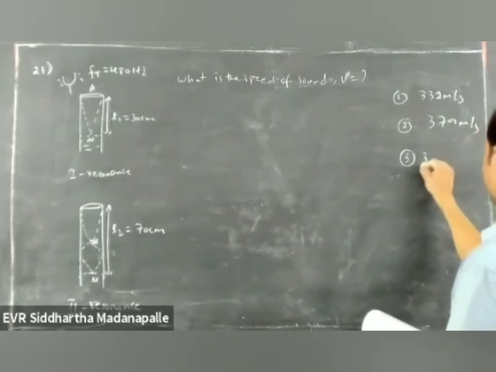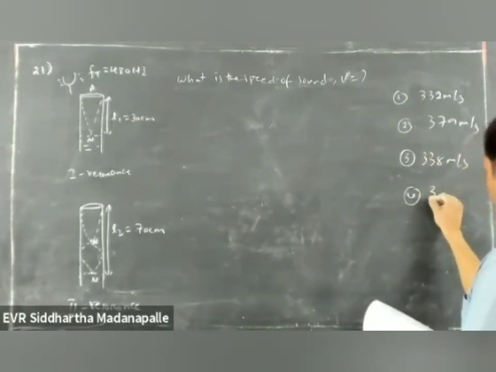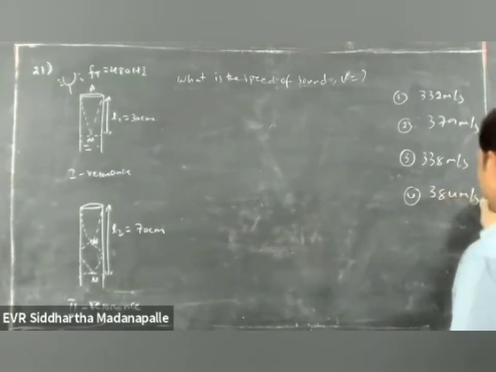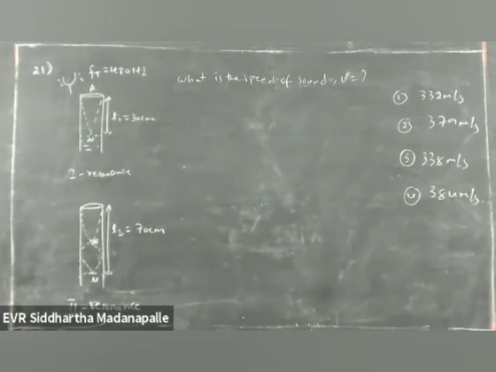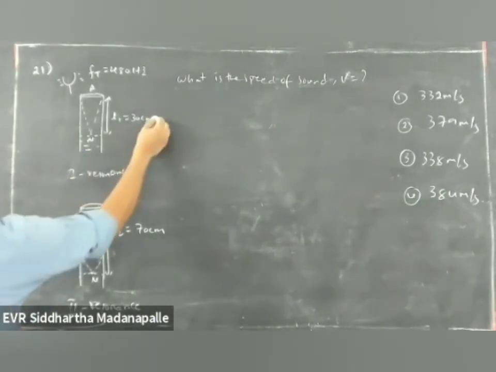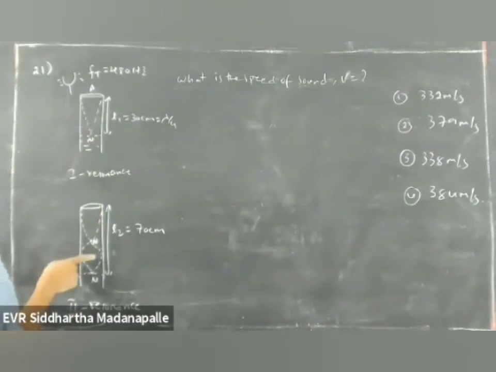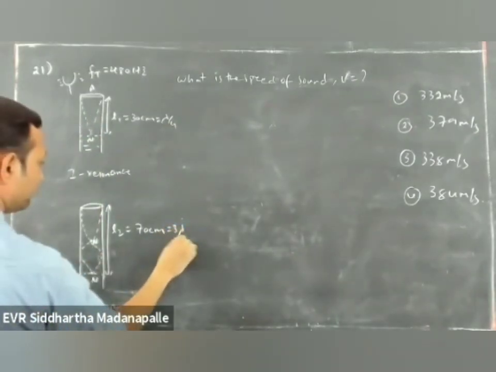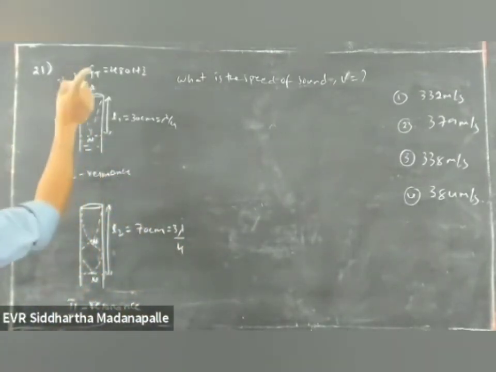Option 3, 338 meter per second. Option 4, 384 meter per second. L1 is equal to lambda by 4. L2 is equal to 3 lambda by 4. Lambda value will be the same, as it is the same tuning fork.